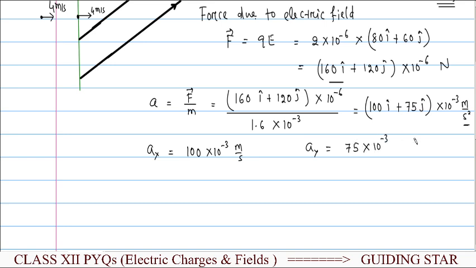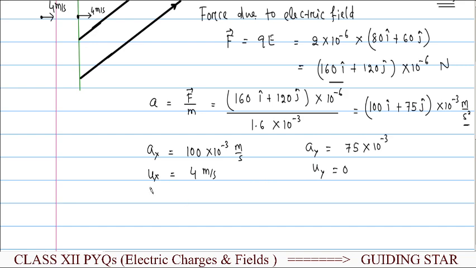This is the magnitude of acceleration along x and y axis. Initial velocity along x is 4 meter per second. Initial velocity along y is 0. This is the scenario at time t equal to 0.